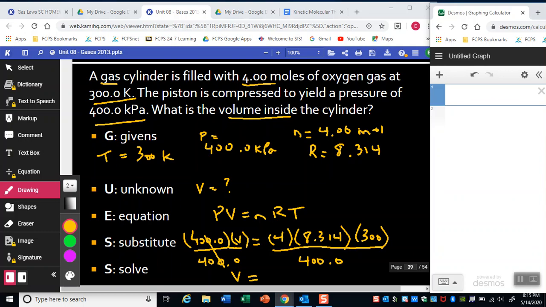I've got 4 times 8.314 times 300. Oh, I forgot to make my fraction first. No worries. I'm just going to highlight that, and I'll hit divided by 400.0. So I get 24.9.